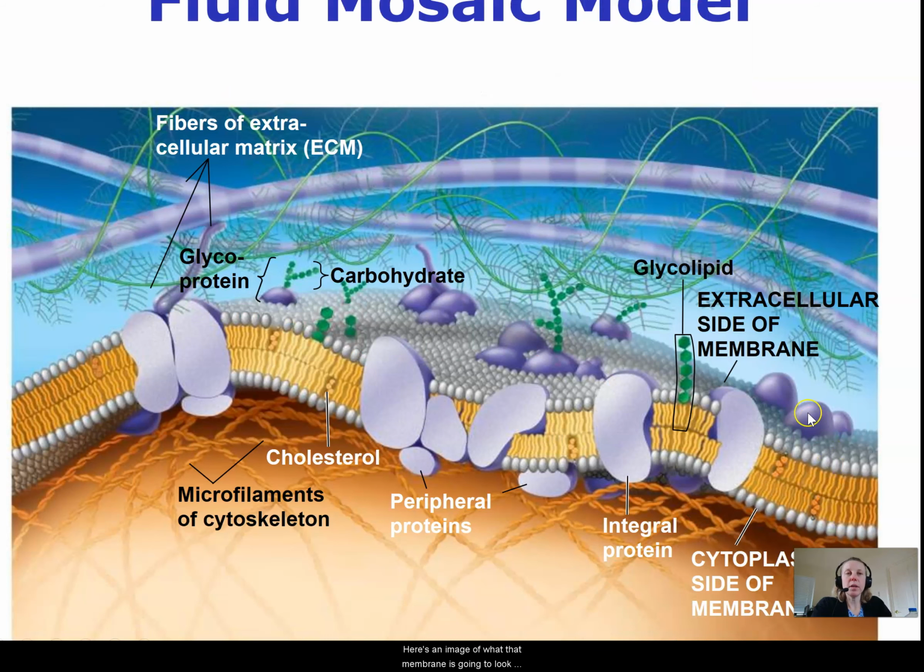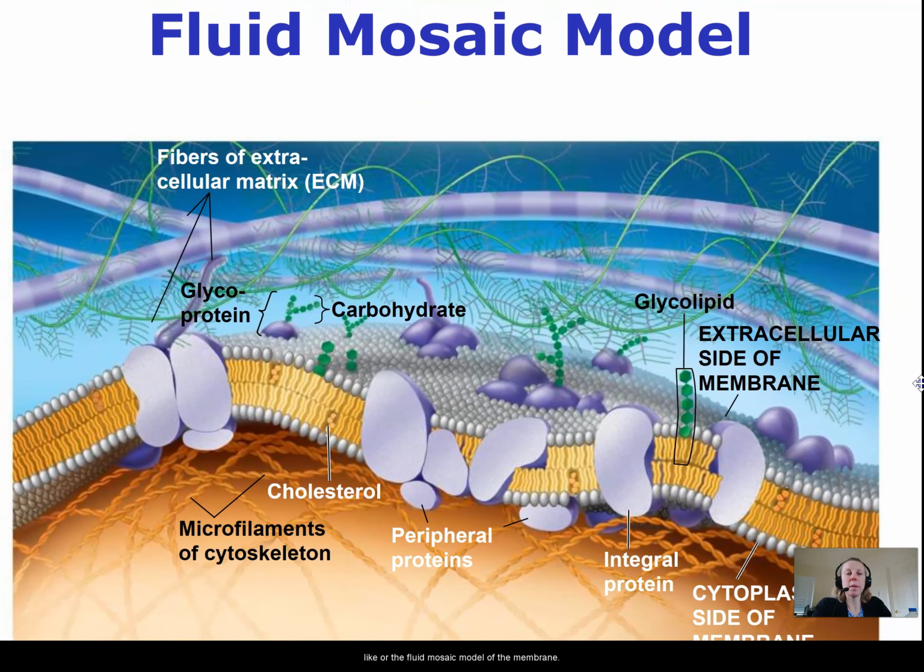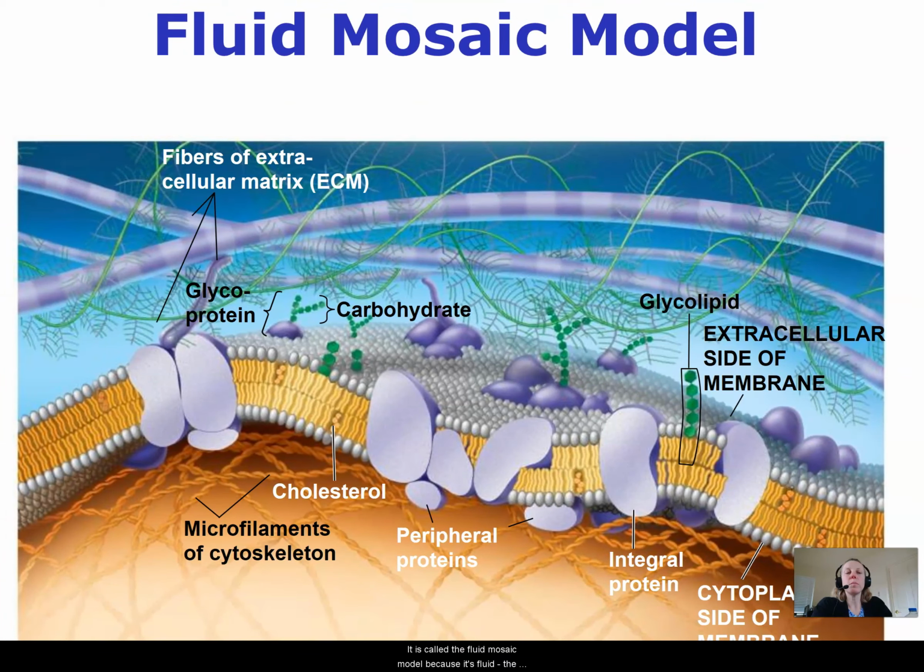And so here's an image of what that membrane is going to look like, or the fluid mosaic model of the membrane. It's called the fluid mosaic model because it's fluid. The membrane itself is liquid and can move back and forth, and all of the different phospholipids move around. It's called a mosaic because it's made up of a collection of different things.